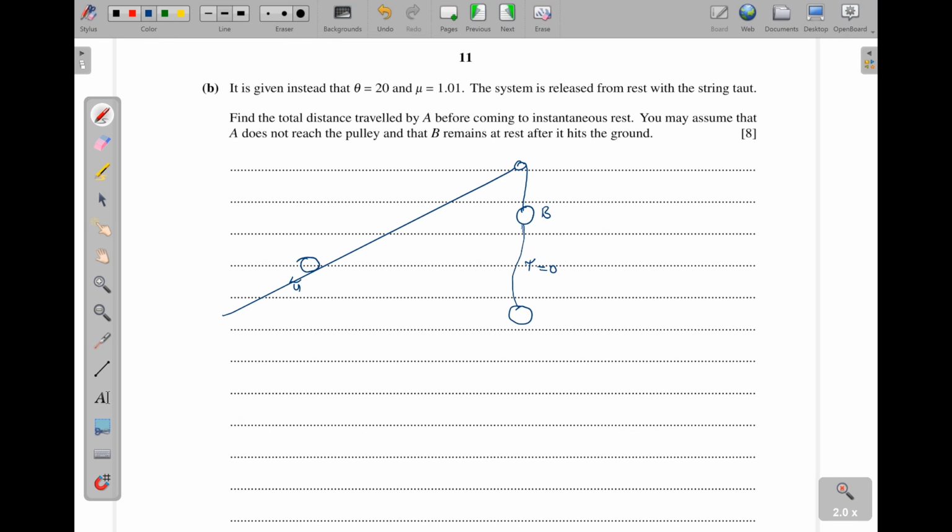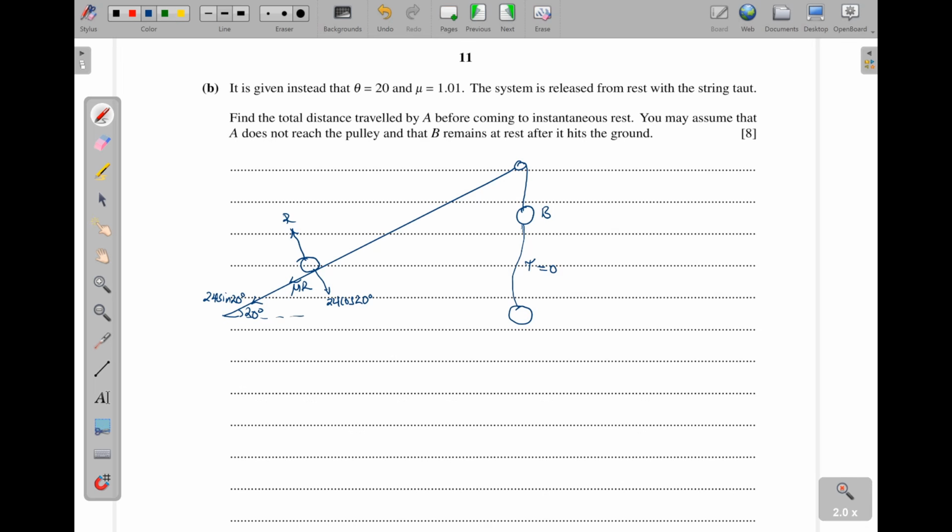It is on a rough plane, that is mu R. Then here there is mg sine. So they have given us the angle is now 20. So mg, that is 2.4 times 10, that is 24. So I can write 24, then sine of 20 here. Of course, here there is 24 cosine of that angle 20. Then here we have the R.